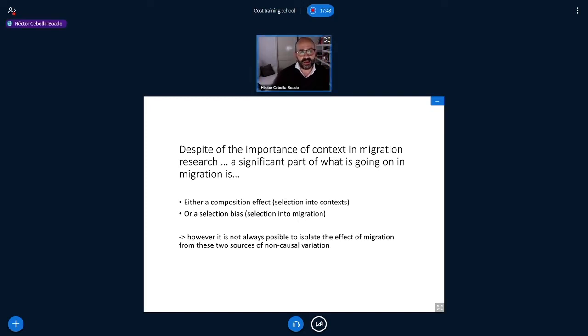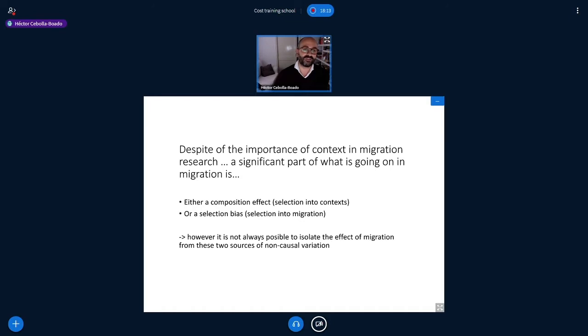So this links to my first comment. The more you study context, the more you realize that a large part of what we as migration scholars tend to attribute to migrants causally is either a composition effect, there is selection into different contexts, or a selection bias.